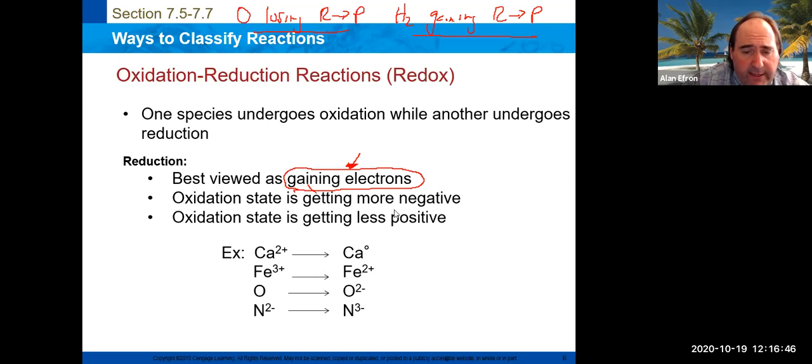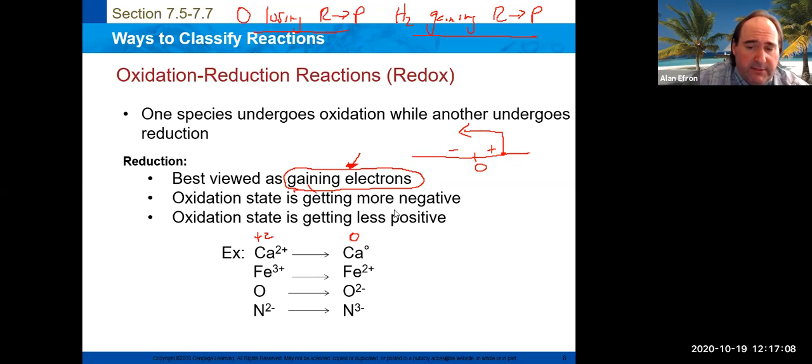And again, we can use our number line here to figure things out. If we look at calcium, it is starting at +2. Calcium metal by itself has a 0 oxidation state. So again, +2 would be here. Going towards 0 is going to the left, and that means it's becoming more negative and going through reduction.